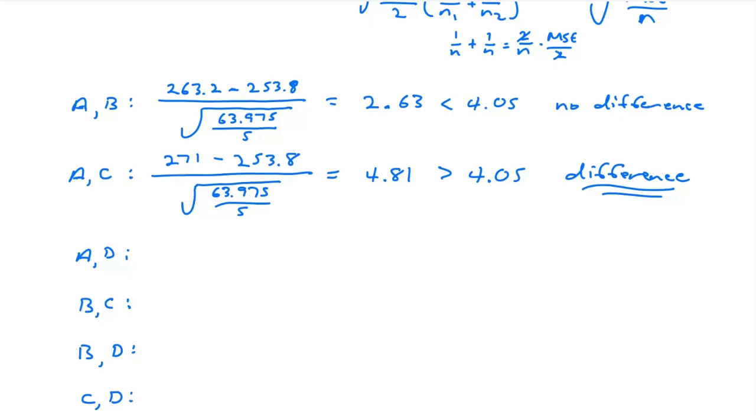AD would be 2.29. BC is 2.18. BD is the smallest at 0.34, and CD is 2.52. So what that tells us is that all of those are less than 4.05. The only difference that occurs in those populations is between A and C.